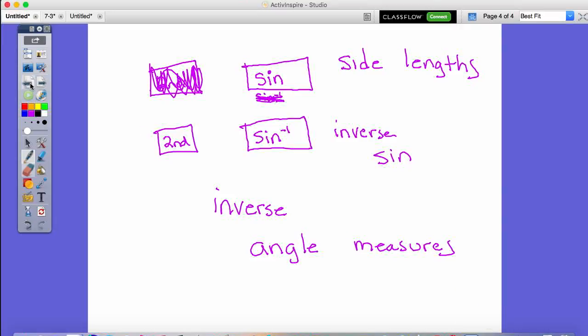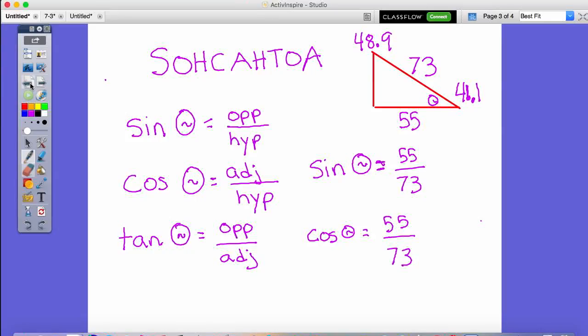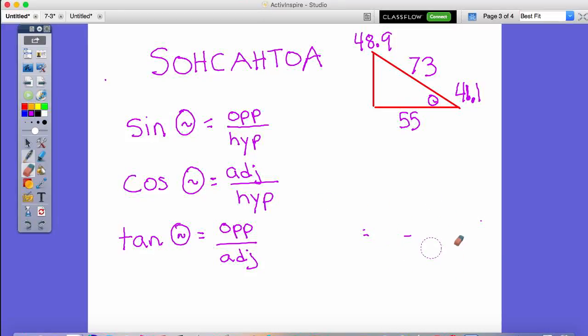What I wanted to do today was just give you a few examples. So in these problems, we've done different ratios depending upon which numbers we were given. I want to do one more.